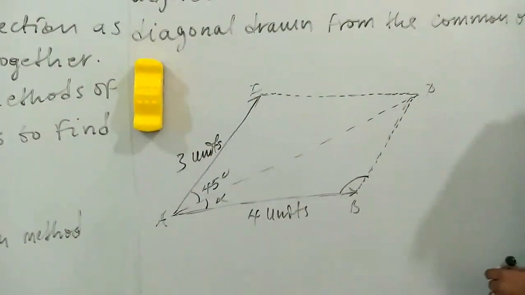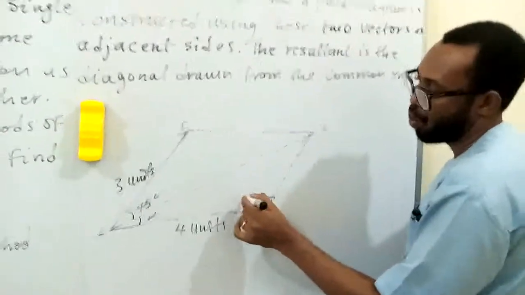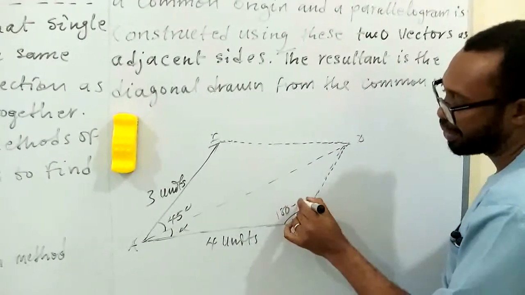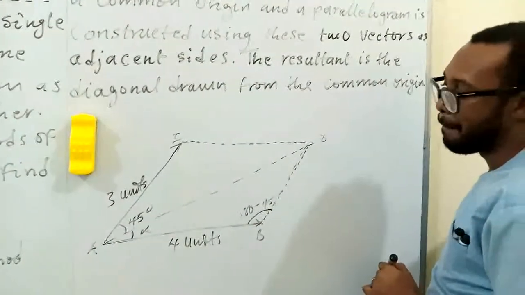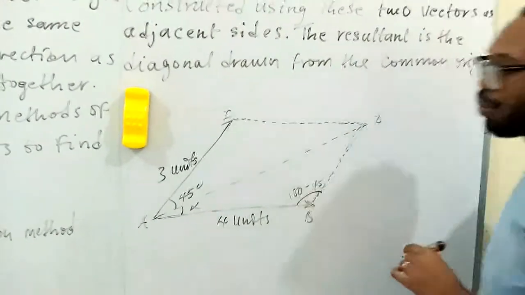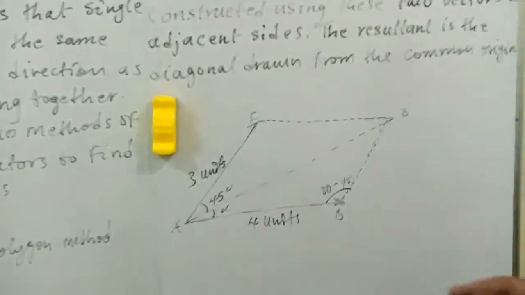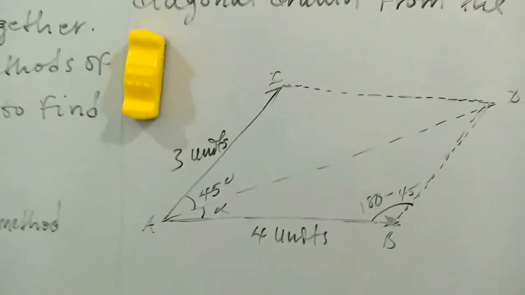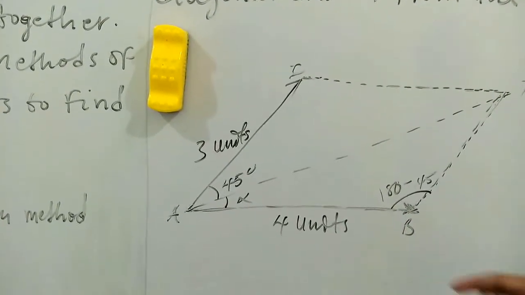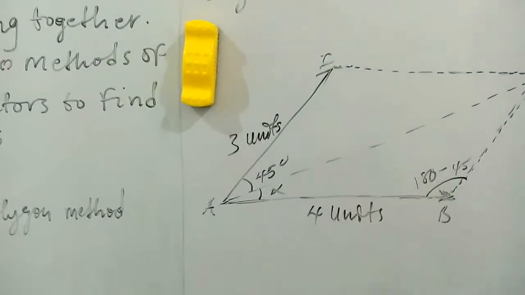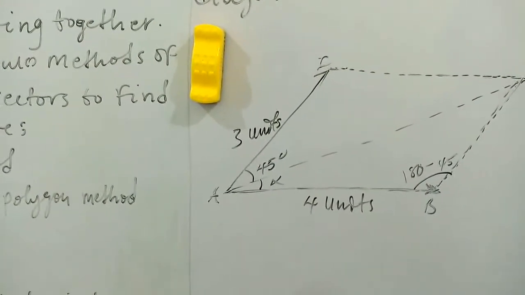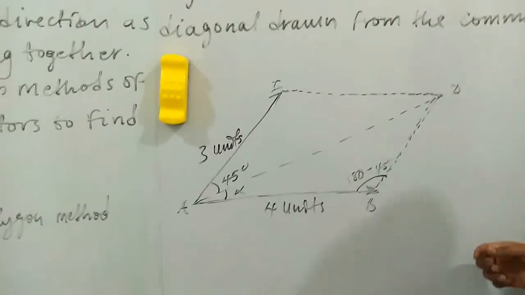Now if we have 45 degrees here, this is 180 minus 45 degrees. Isn't it? Okay. So when this happens, this is a typical shape of a parallelogram, and once this is done, we can now start to resolve the vectors using the parallelogram law of vector.